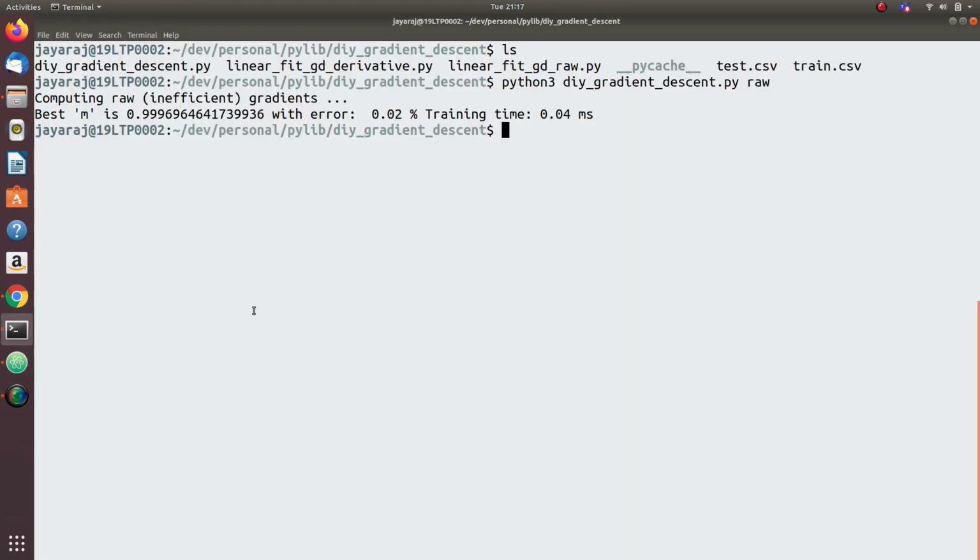So let's just run it once and see. It takes a little bit of time to load the data.